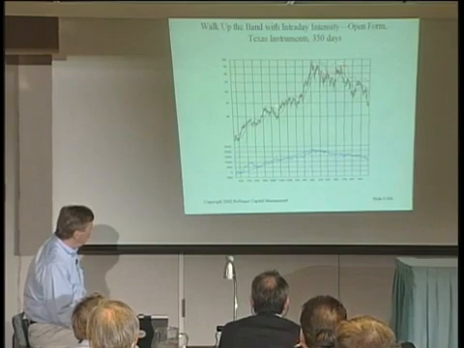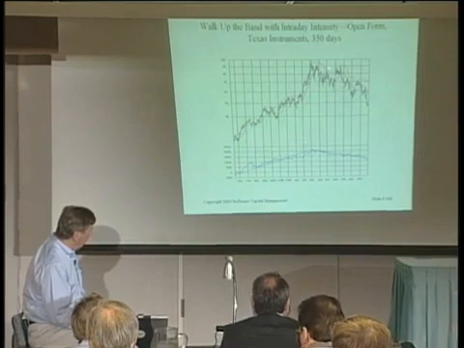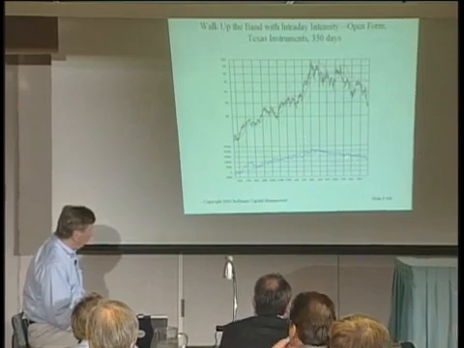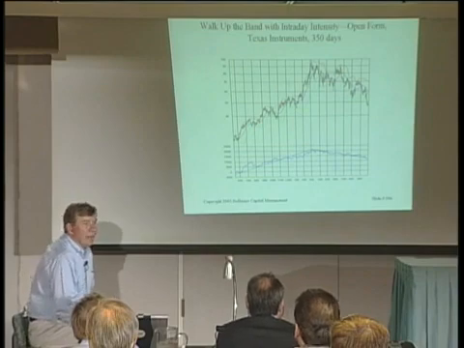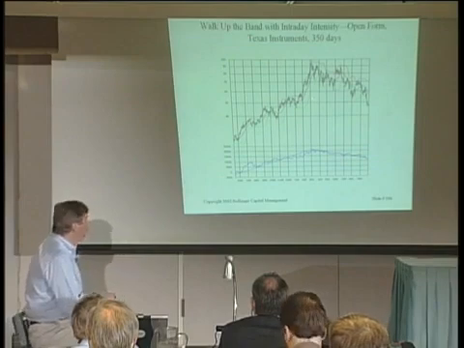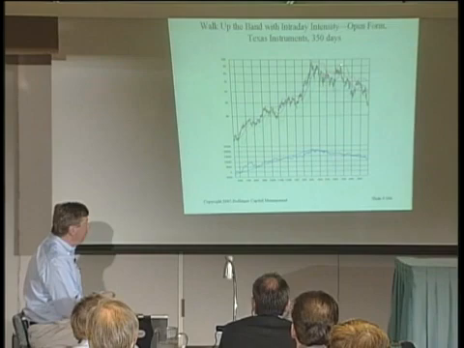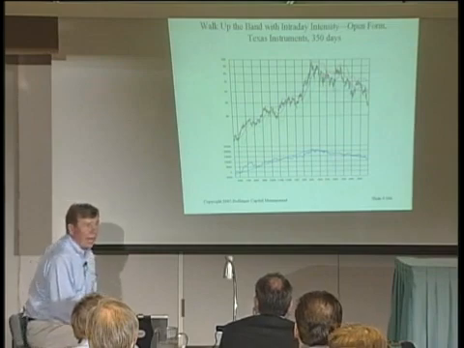Here you have tags of the upper band with a positive indicator, and here we have tags of the upper band with a negative indicator. That's the difference. One is a confirmed tag of the band, the other is an unconfirmed tag of the band.